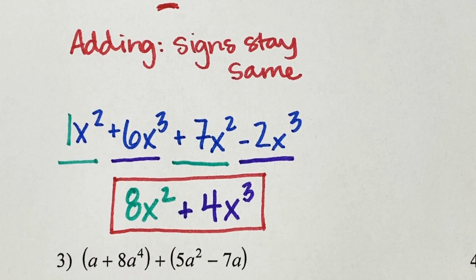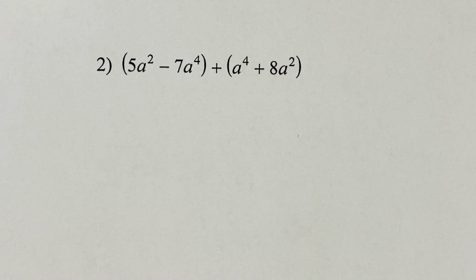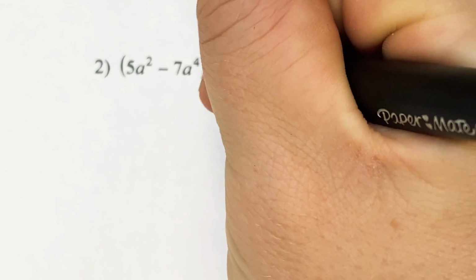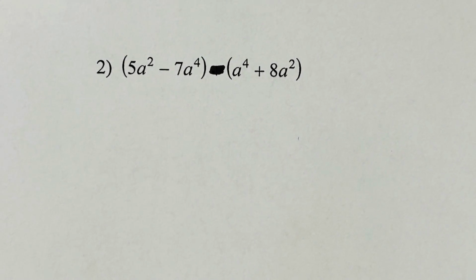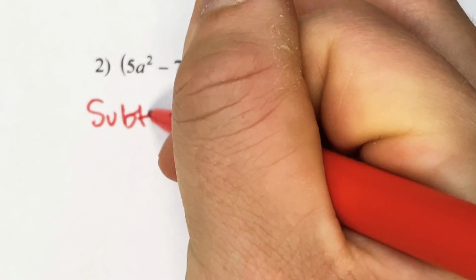Beautiful. Number 2. So I actually want to change the sign on this one. We're changing it from an addition sign to a subtraction sign, a really fat, ugly subtraction sign. Because I want to make the note, what happens when we are subtracting?